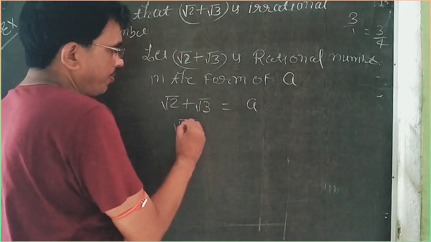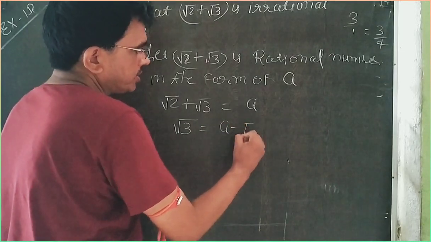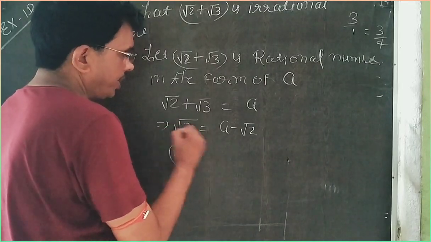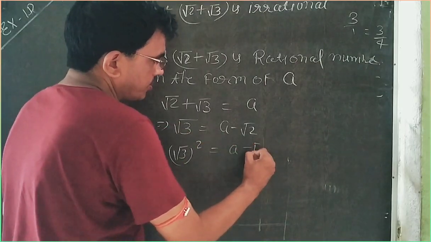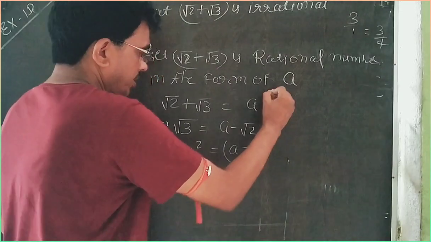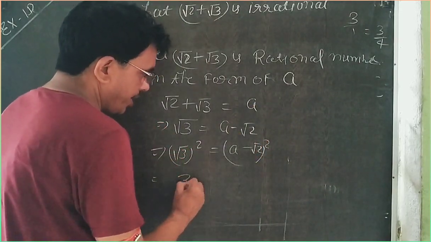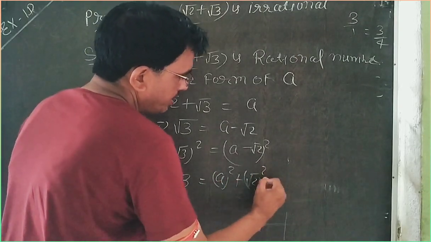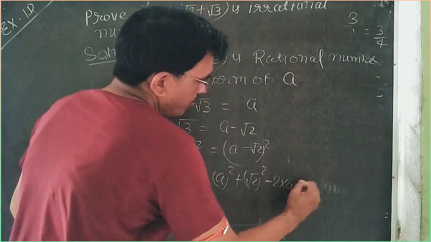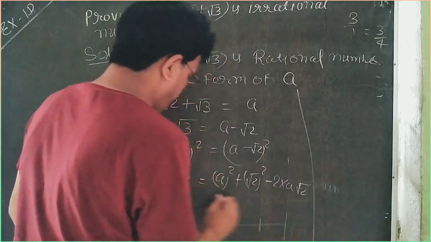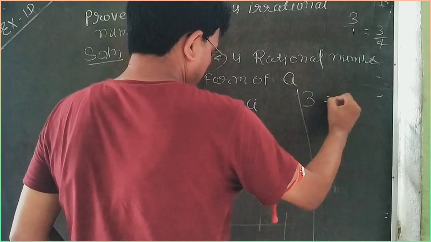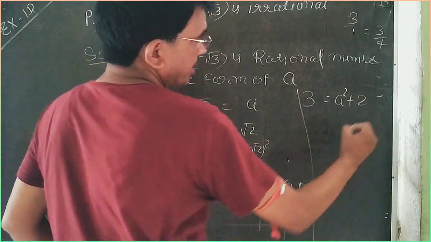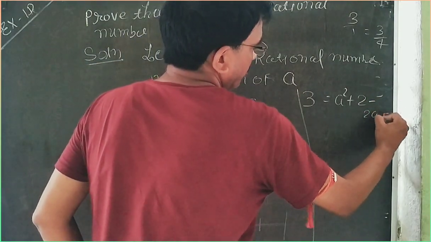Then what is the value of root 3? It is a minus root 2. Squaring both sides, what do you get? Here is root 3, here is (a minus root 2) whole square. So you get 3 on one side, and on the other a square plus 2 minus 2a root 2.